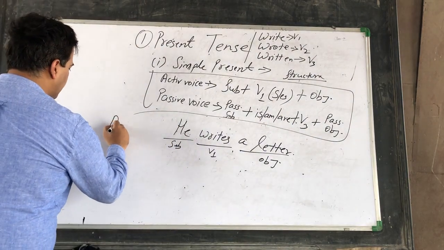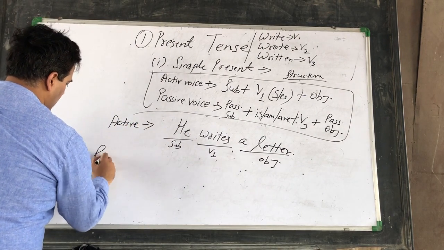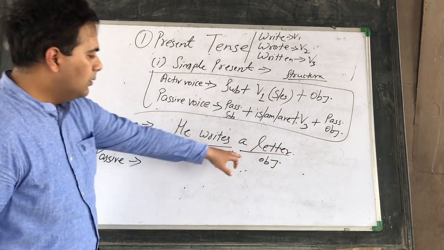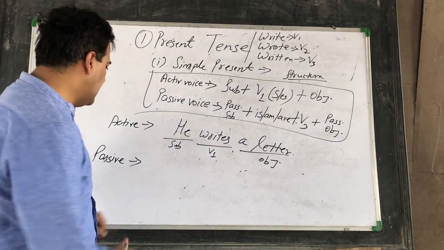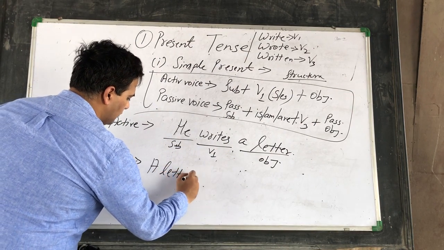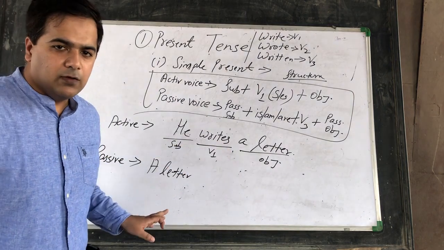This is active. So passive will be, put the object at the first, a letter. Then the new helping verb will be added.